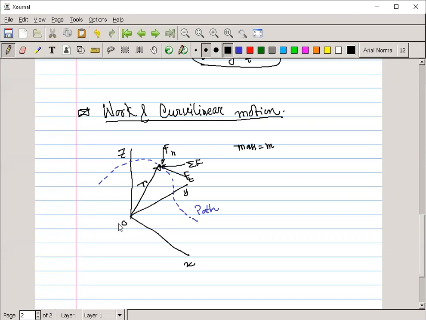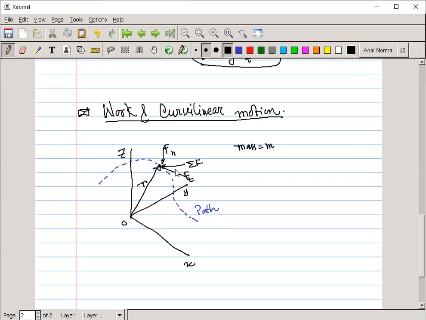Normally we define it from O, this is the coordinate, and its displacement along the path during time dt is represented by the change dr in its position vector.